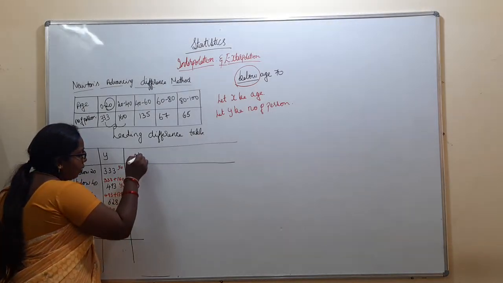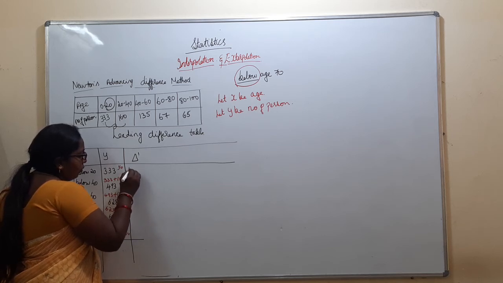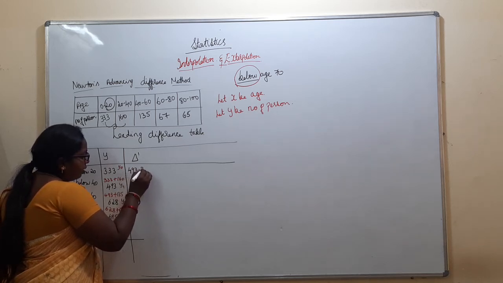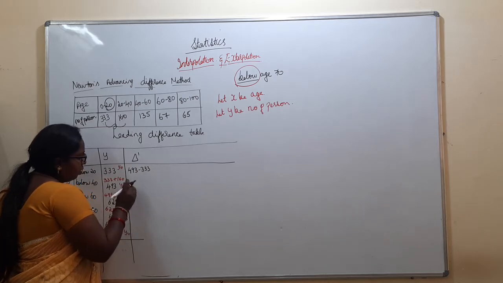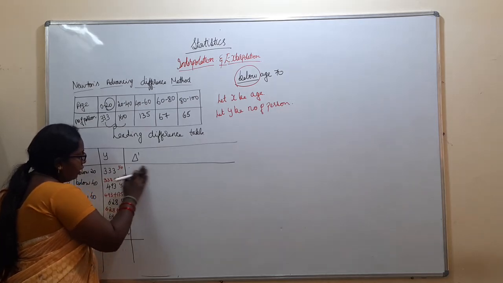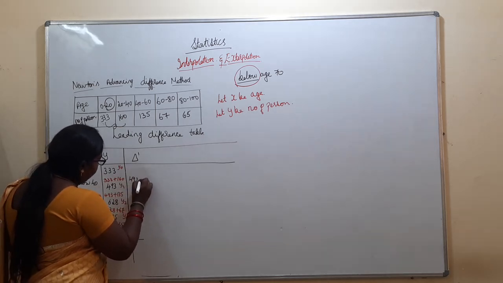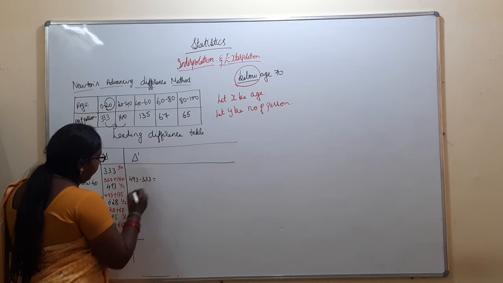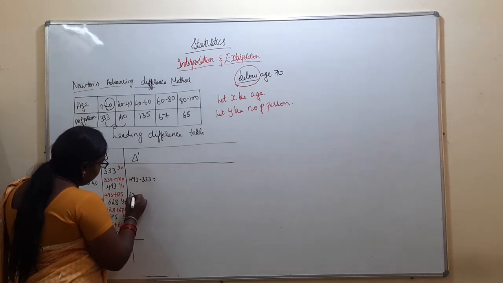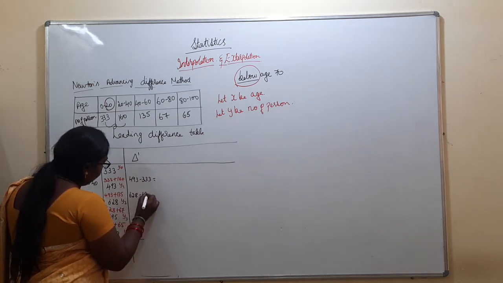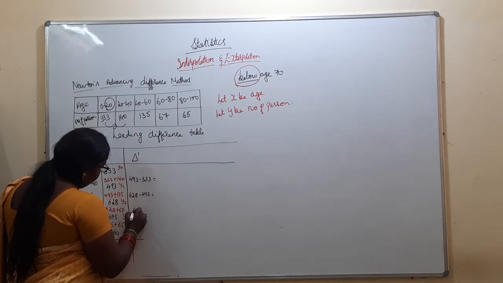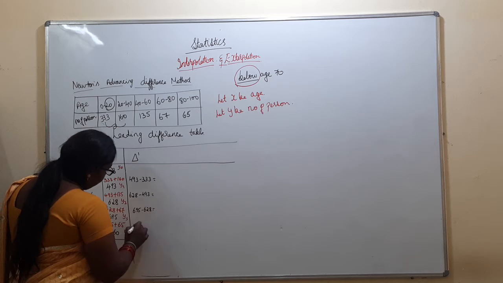That is delta 1. 493 minus 333. I need to write between the variables. So 493 minus 333, I am not writing the formulas here. 628 minus 493, then 695 minus 628, then 760 minus 695.